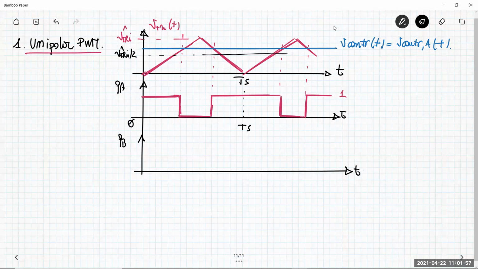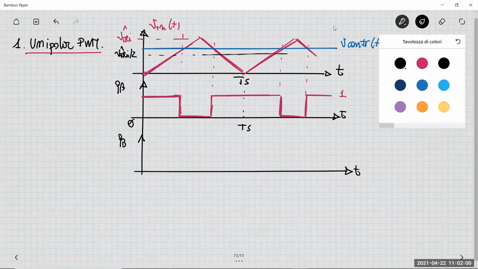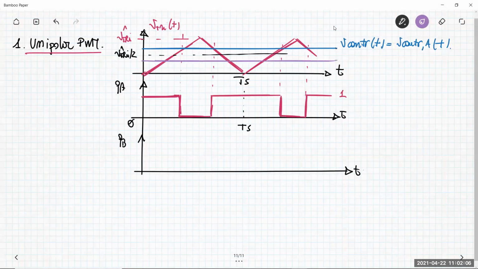The peak value is this. If you do this computation, you find this value here. You always get a control voltage for the leg B which is the symmetric version, with respect to half the V triangular peak value, of the control voltage A.